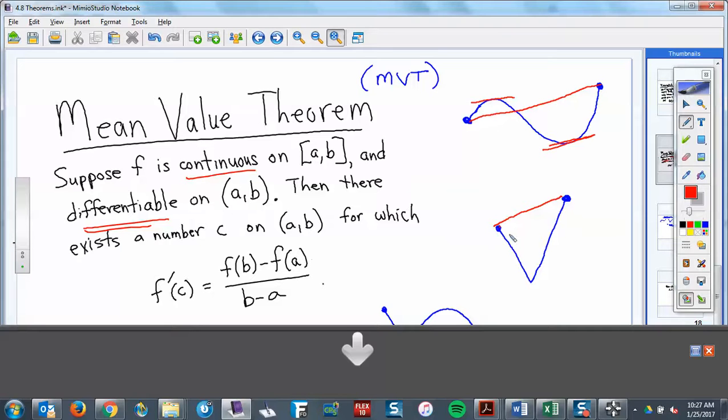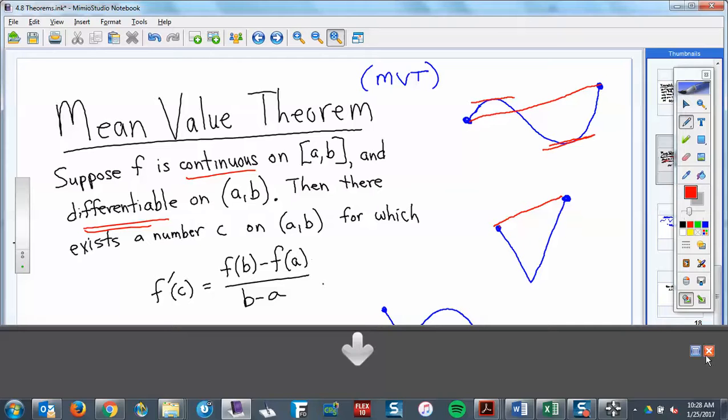Is there any place on here where the slope is that? There's nowhere, because right here there is no slope. I mean, we could draw lines all over the place at that point. There is no tangent line at this sharp point. The slope here is that, the slope there is that. So there isn't one, okay? So if it's not differentiable, it might not happen. Now remember, just like we talked about before, if you don't get an A, you might still get the car, right?